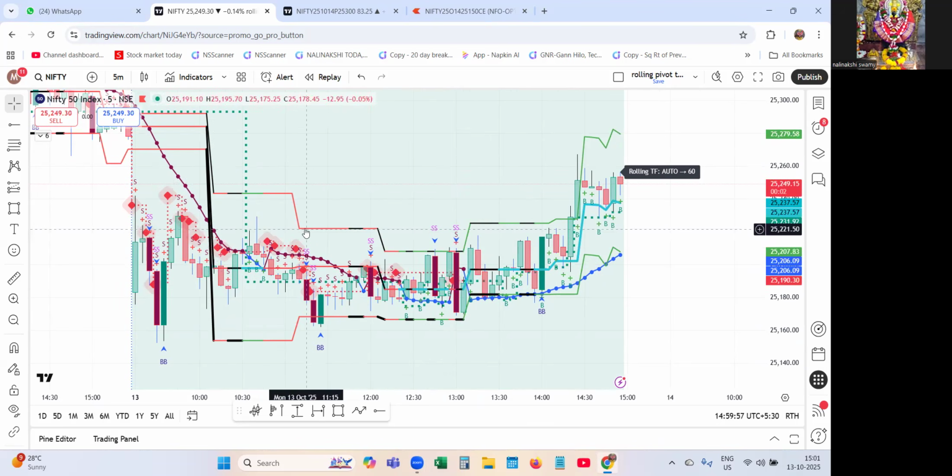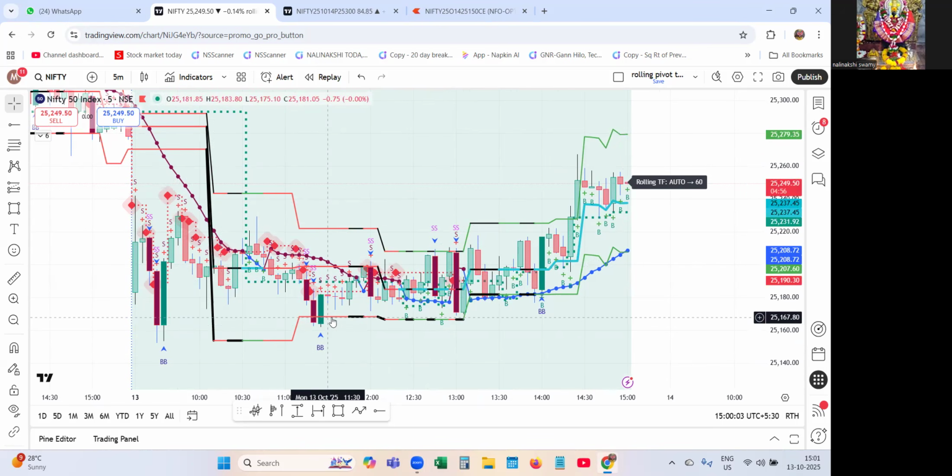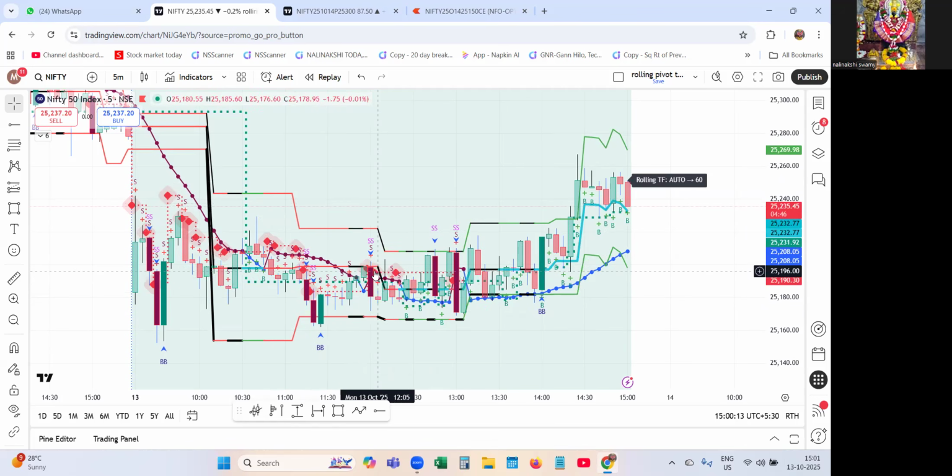Why? Because the rolling pivot, this is the R1 and this is the pivot and this is the S1. They were not changing their colors and they are red to neutral, and then it started coming down.